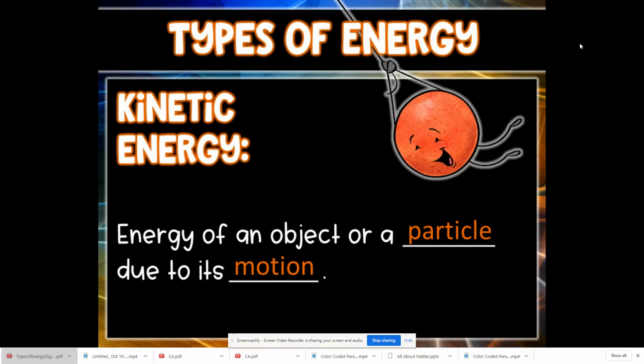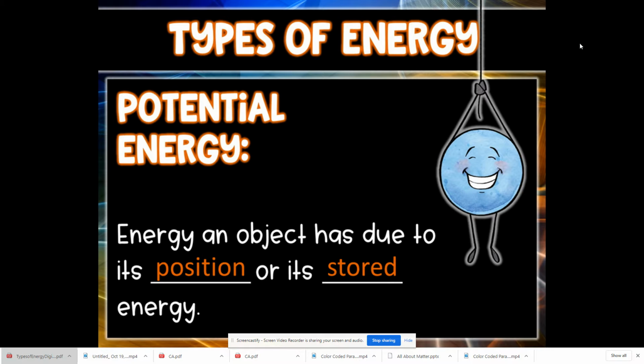Kinetic energy is just energy that the object is moving. I think I used the example in your notes that an apple falling from the tree has kinetic energy. When you are running, you have kinetic energy. You are moving. But potential energy is the opposite. It has potential to move.